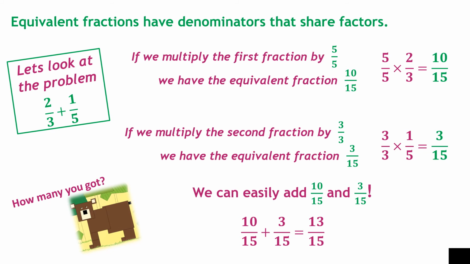If we multiply 2/3 by 1 in the form of 5/5, we find a fraction equivalent to 2/3, but that has 15 as a denominator. If we multiply 1/5 by 1 in the form of 3/3, we will find an equivalent fraction with 15 as a denominator. 2/3 is equivalent to 10/15, and 1/5 is equivalent to 3/15.